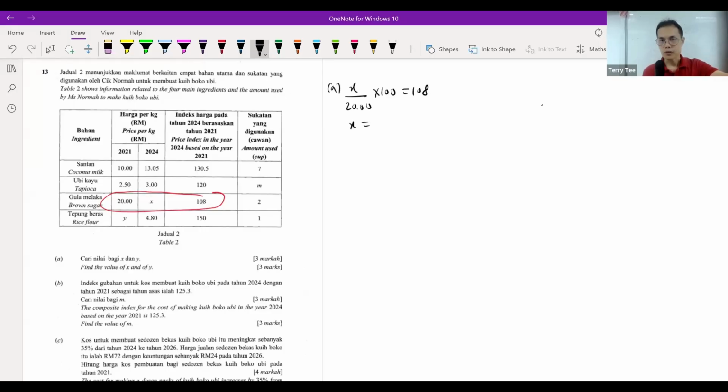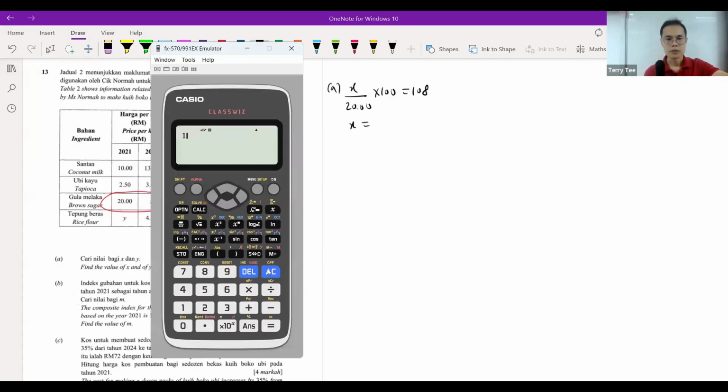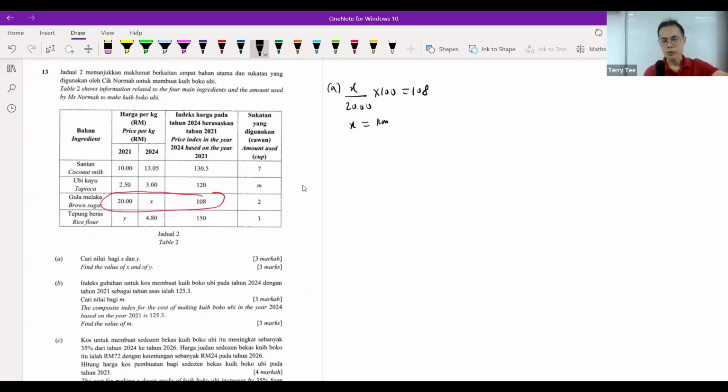So X will be, take 20 ringgit, you just put 20, no need to put 0.00, times 108, divide by 100. My answer is 21.6, RM 21.6. Now you don't even have to write RM because this is already in RM, so the unit in this case is not important, 21.6.